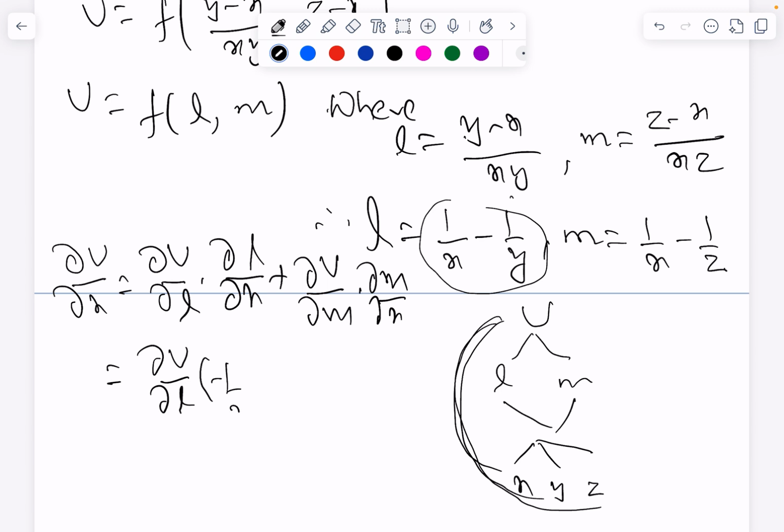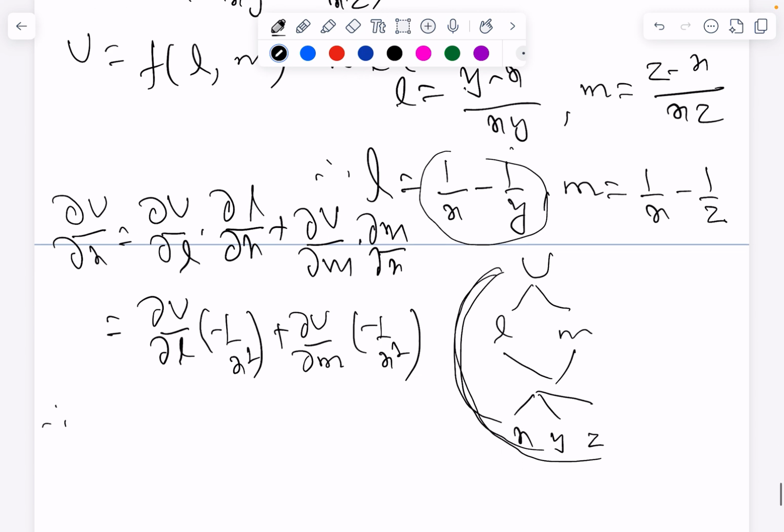So that is minus 1 over x square, plus del u by del m, del m by del x is also minus 1 over x square. So we can say that x square del u by del x equal to minus del u by del L minus del u by del m.